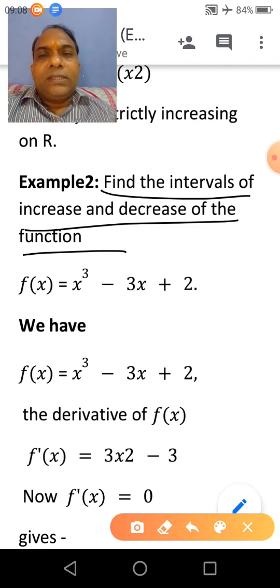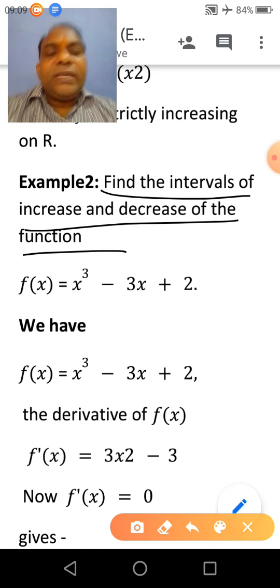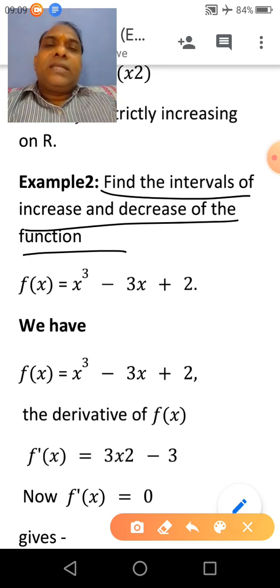Find the intervals, then put a value of x to check in which interval the function is increasing or in which interval the function is decreasing.